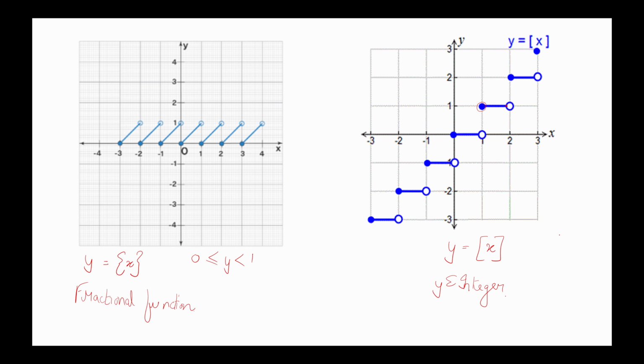So basically here, for [x], we can say that y would always be less than x + 1, however it would be greater than or equal to x. So that is how our greatest integer functions are calculated. It would always be an integer.